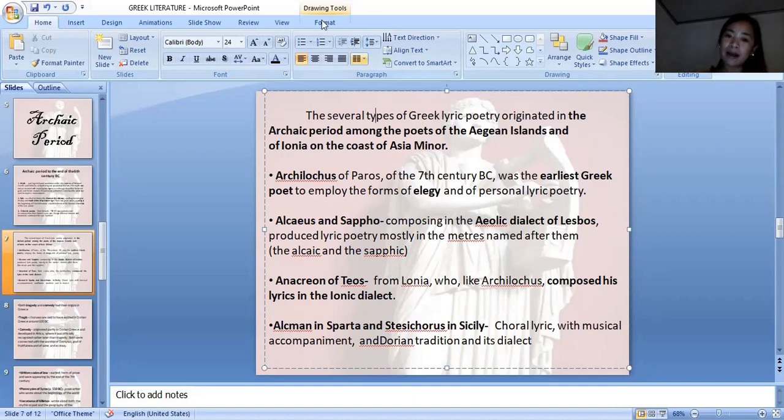Okay? So, ang mga mahalagang tao naman, Archilochus, Alcaeus and Sappho, Anacreon of Teos, and Alcman in Sparta, and, okay, let's search about this. I don't want to make wrong about the pronunciation. Let's have this. Wait a minute.